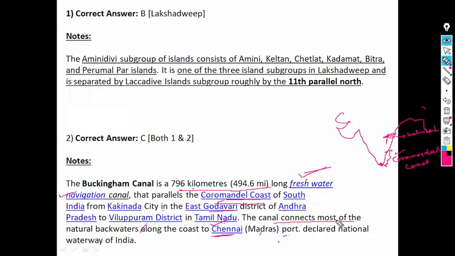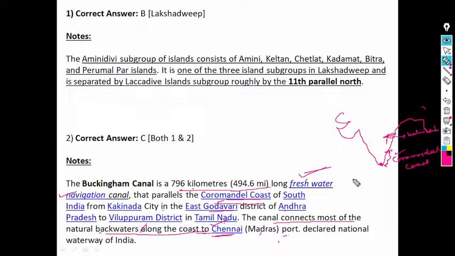The canal connects most of the natural backwaters along the coast of Chennai, Madras port. This is declared as the national waterway.